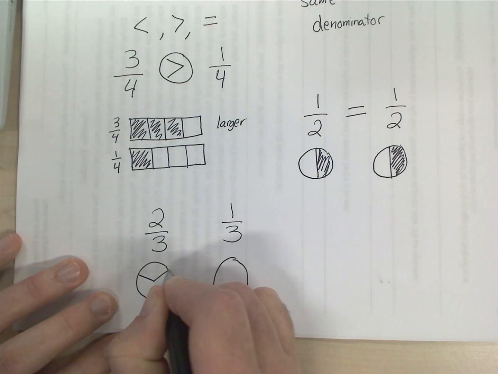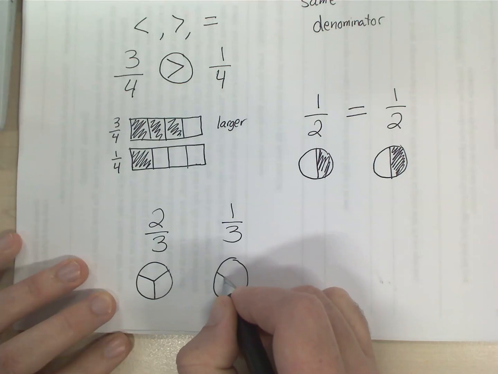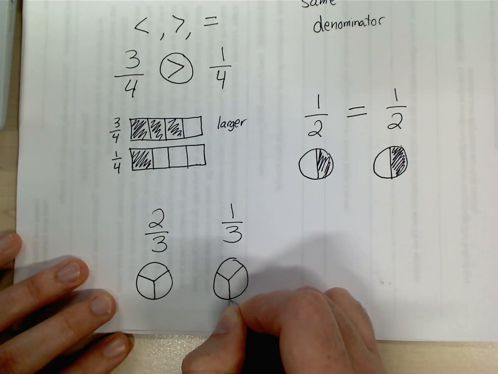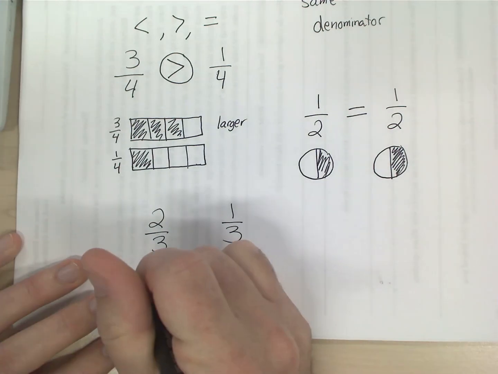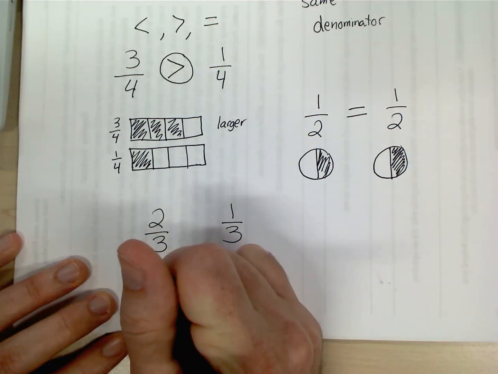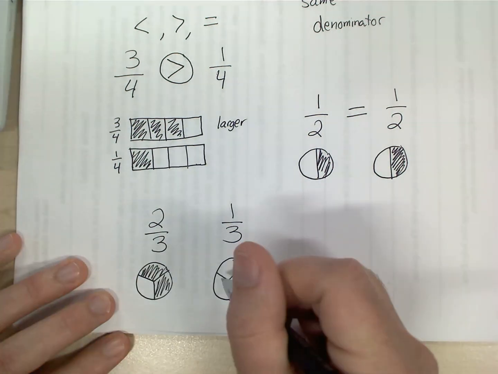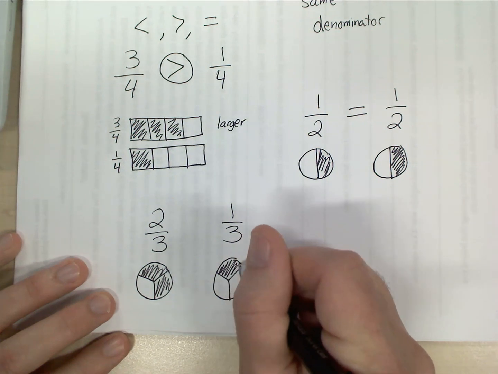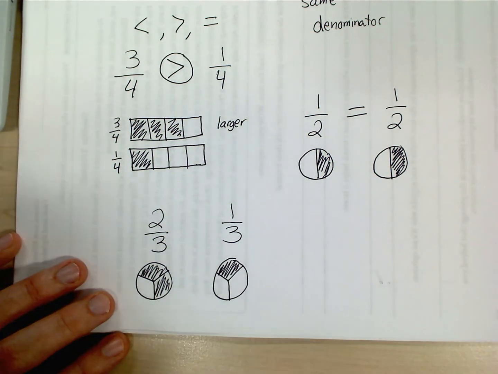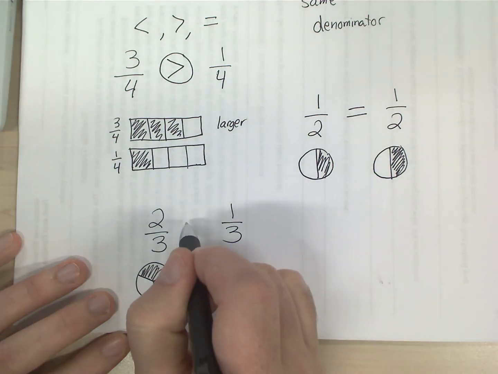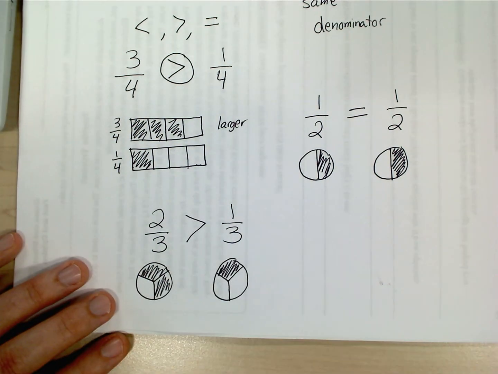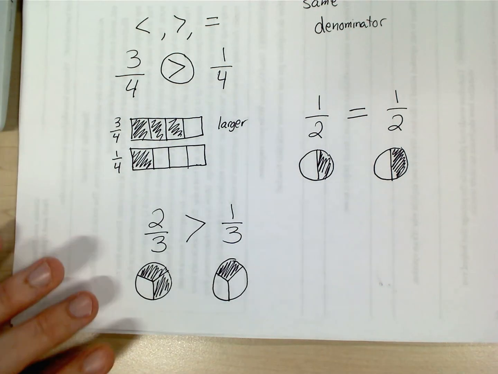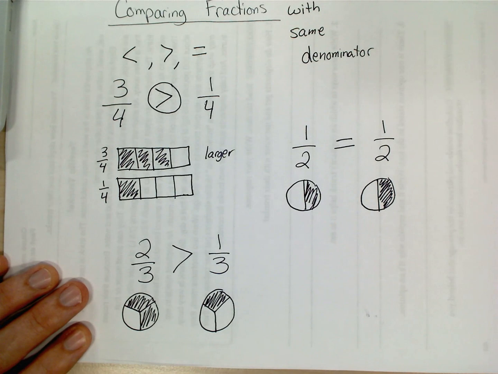I'm going to make my y, because that's how I split things into thirds. And then I'm going to go 1, 2, and this one gets 1. Okay, and which one has more colored in? Well, 2/3 is greater than 1/3. So that's really what we're doing today when we compare fractions.